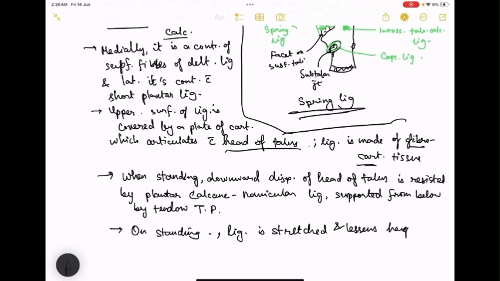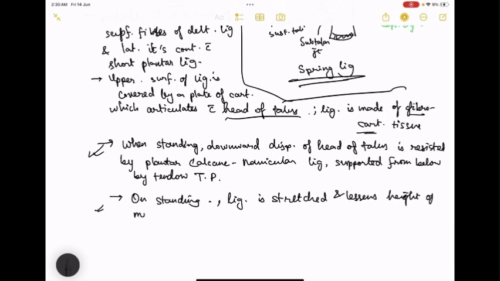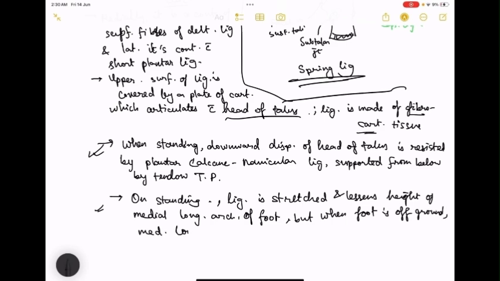Lessens height, see, this is actually the function of the ligament, and this is the other point we're going to discuss. Height of medial longitudinal arch of foot. But when foot is off ground, means when you pull off the foot, medial longitudinal arch is restored to original position.